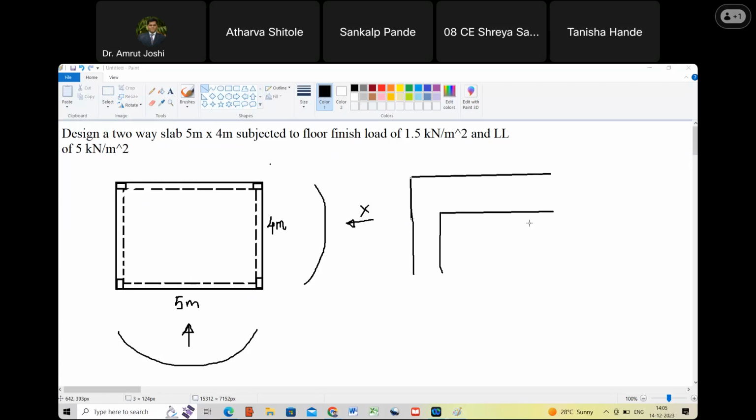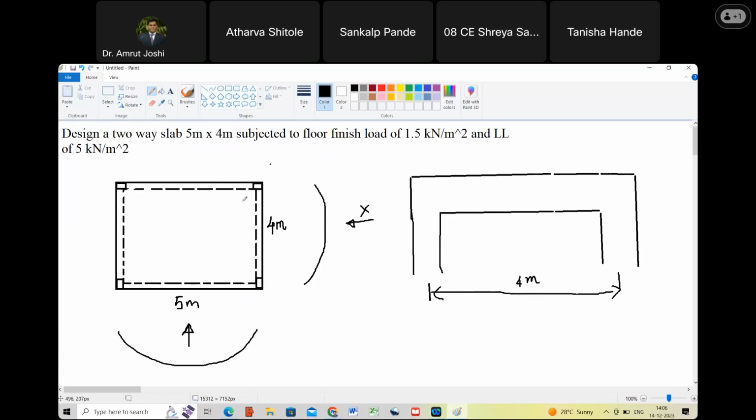And what is the span? The span on this side is 4 meters. So I have to show this as 4 meter. Are you with me? Yes, sir.